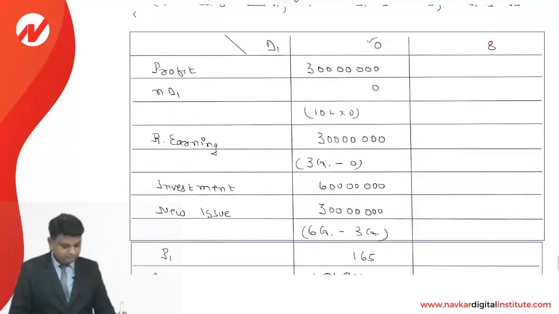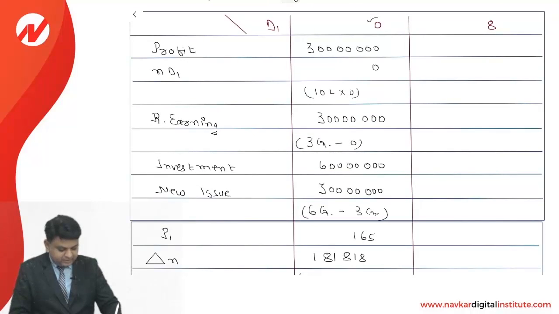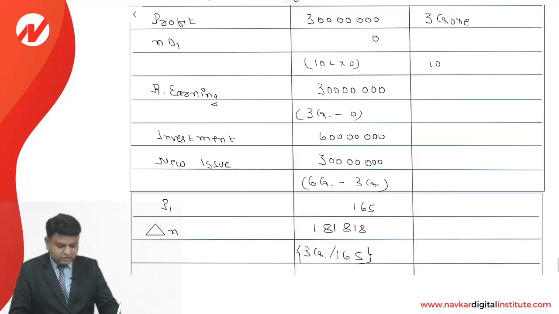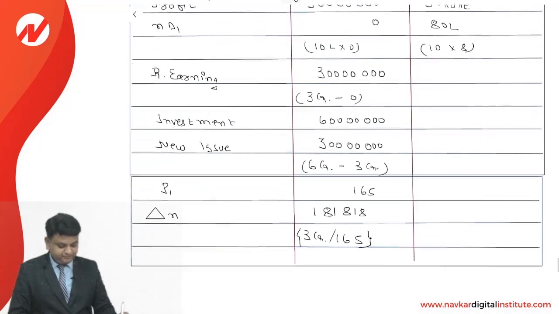Okay. If at all the D1 is 8, then in that case what will happen? Again the profit of the company is rupees 3 crore. 8 rupees is the dividend per share. 10 lakh is the number of shares. So the amount of the dividend is 80 lakhs.